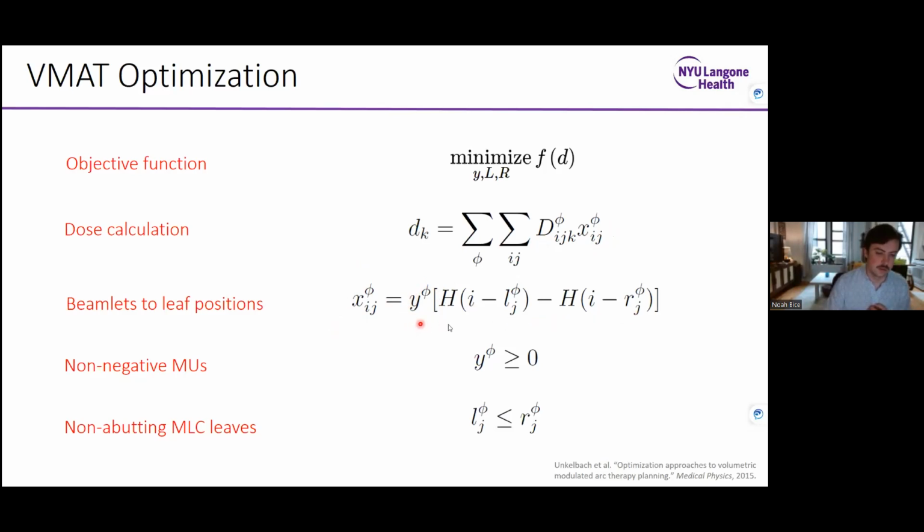And all this expression says is turn on Bixel ij phi, with value y phi if the Bixel falls between the left leaf and the right leaf. And then it's a constrained optimization problem. We're not allowing ourselves to take MUs out of the patient, so we want non-negative MUs and we want non-abutting MLC leaves.